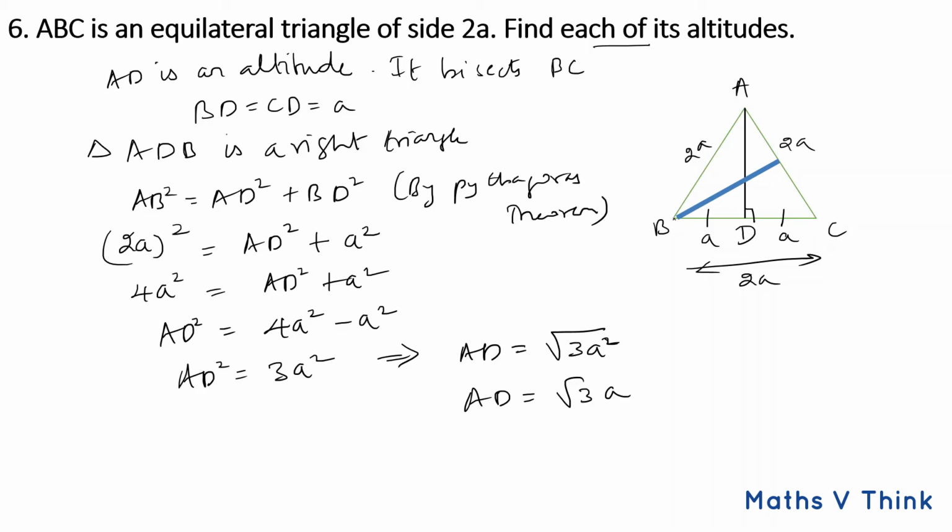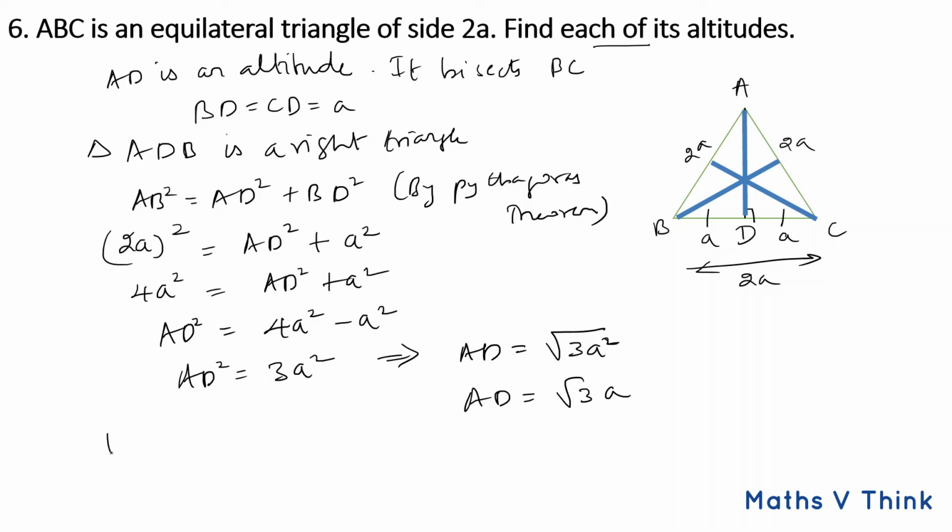So we need to find the altitude from the point B also and from the point C also. But the given triangle is an equilateral triangle. In an equilateral triangle, all the altitudes are equal.